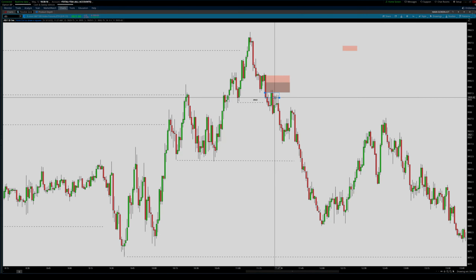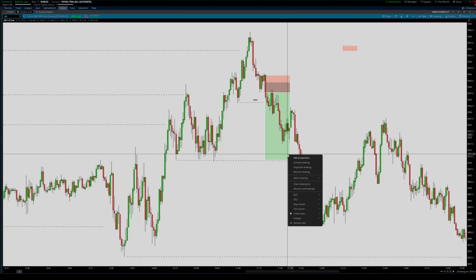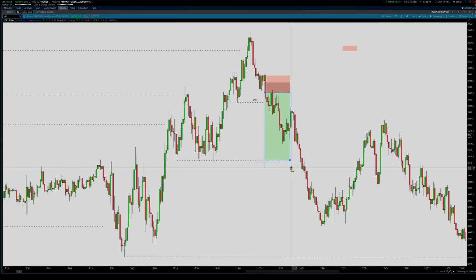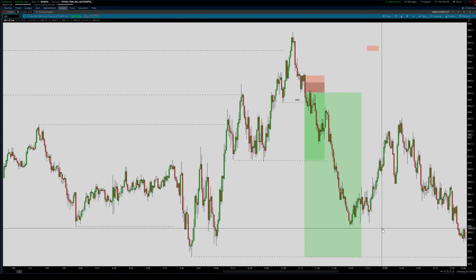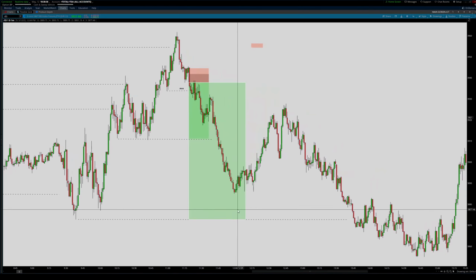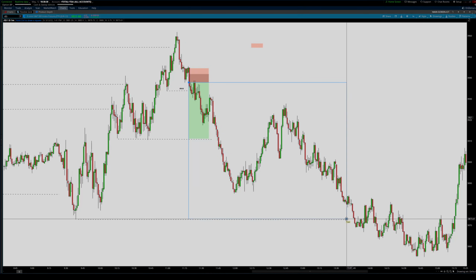But then we would be targeting these short-term lows, right? And then also this low down here, right? Which, let's see if it hit, which it eventually hit, right? So you can see there.